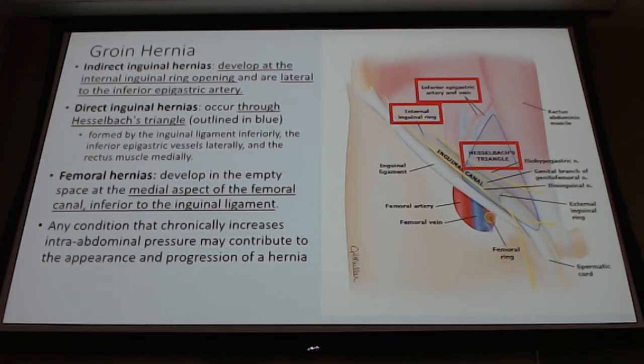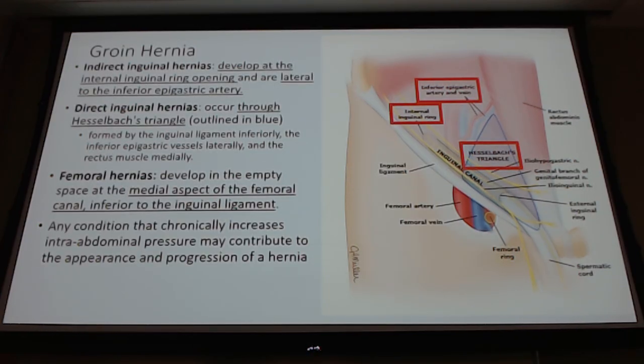So it's actually direct. Backwards. It is weird. I don't know who named them. But think indirect is lateral to the inferior epigastric veins and arteries. Direct is medial to those veins and arteries.